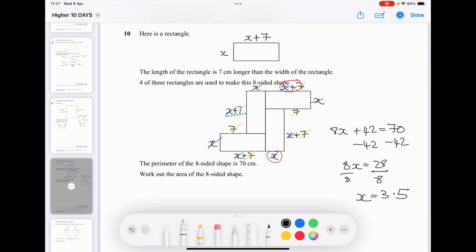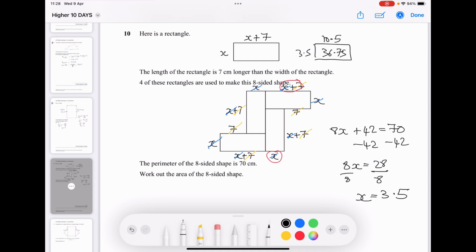Work out the area of the 8-sided shape. Well, the area is this. x is 3.5, so I've got my rectangle. I've got 3.5 and 3.5 plus 7, that would be 10.5. If I multiply that together, 3.5 times 10.5, that is 36.75.